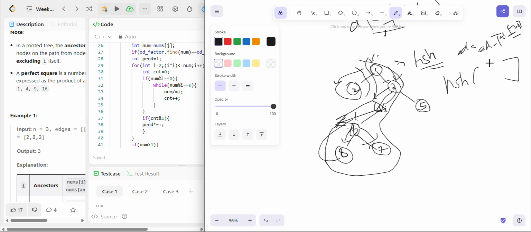This will give me the value, and till here, odd factor is storing some of its ancestor. If it is here 3, if it is in 3, so it will update each time the frequency of the node in which it is coming, right?